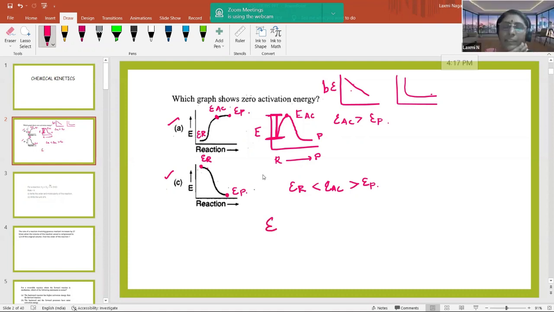Can the activation energy be zero? Can EA be zero? Is it possible for us to have reactions with zero activation energy? No, ma'am, not possible. Why not possible then?